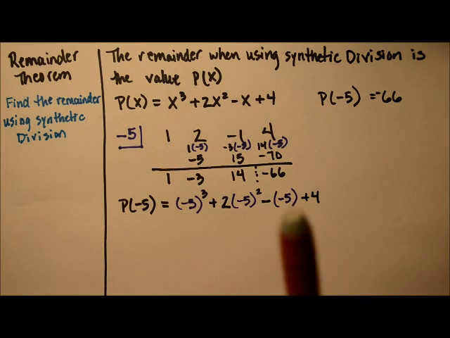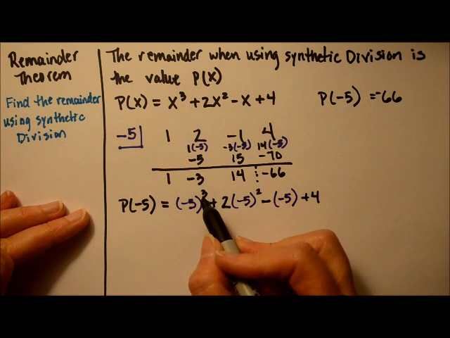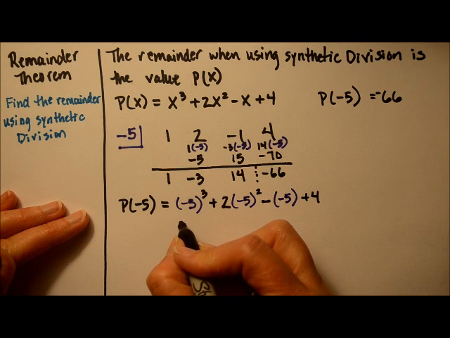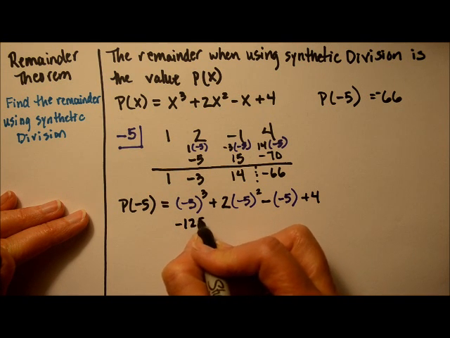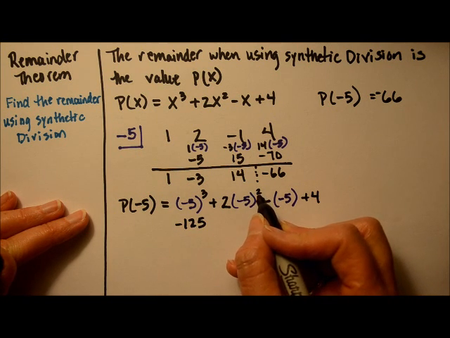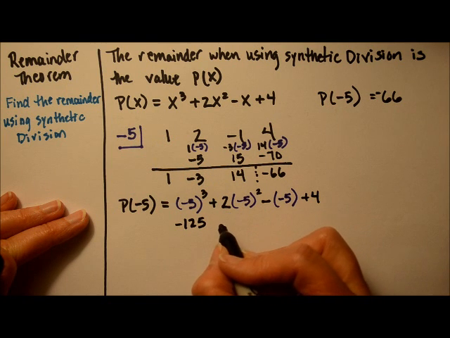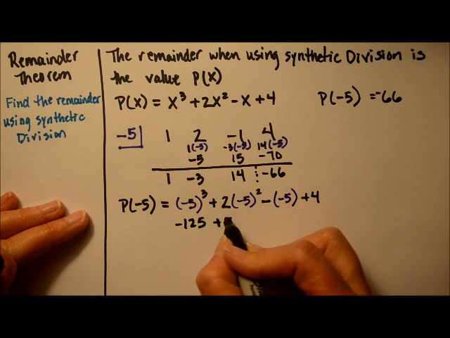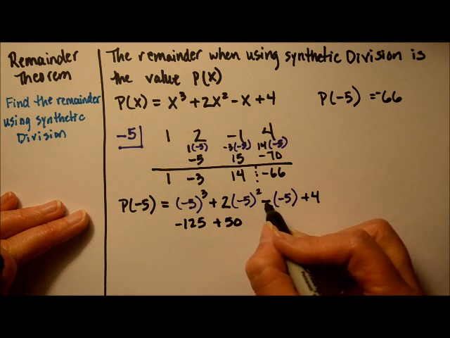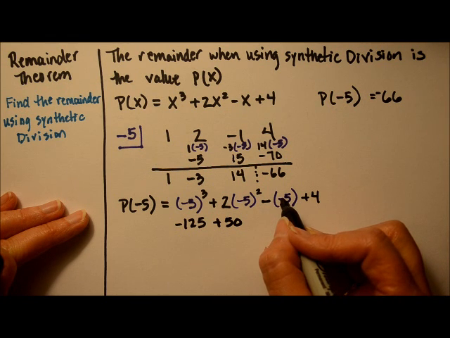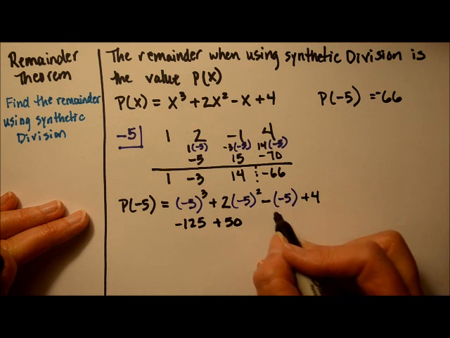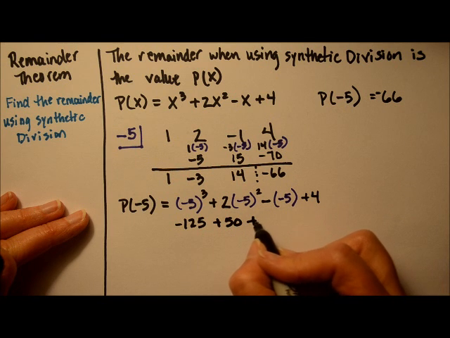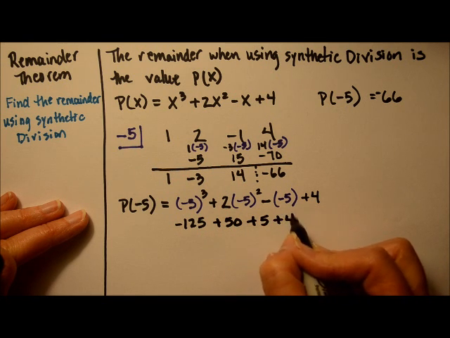So that's what I would have had before when we did it. You know how to do that. And then negative 5 cubed is negative 125. Negative 5 squared is 25, times 2 would be 50. And I have a minus negative 5, or the opposite of negative 5, so I'm going to have another plus 5 and a plus 4 sitting there.